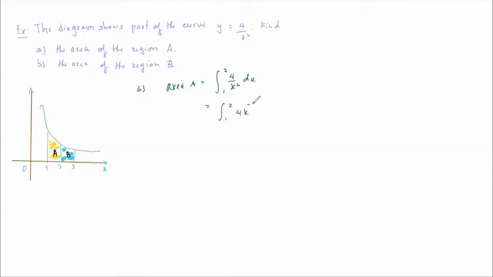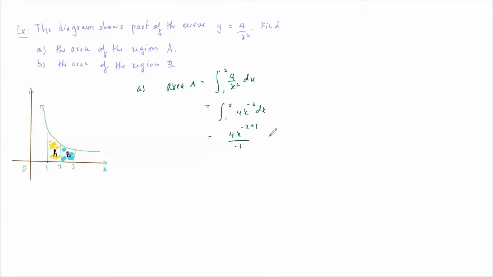So this one we can convert to be 4x to the negative 2 dx, right? Like you learned how to do the integration, it becomes 4 times x to the minus 2 plus 1, over minus 2 plus 1, which is negative 1 here.